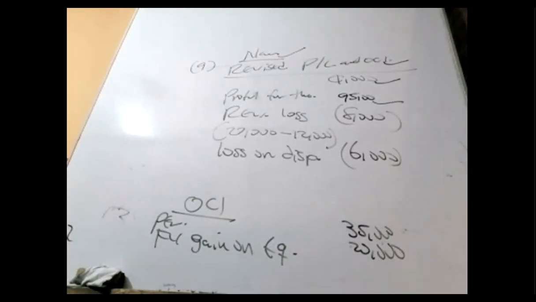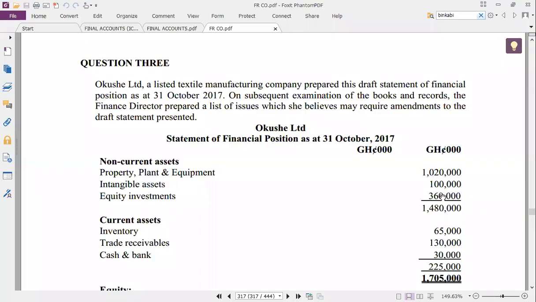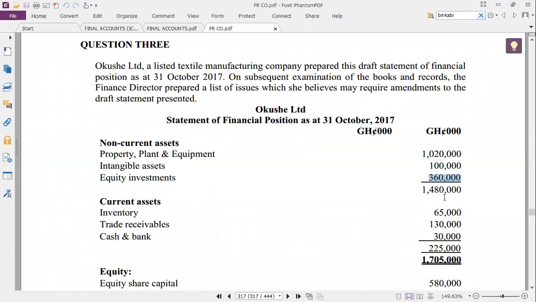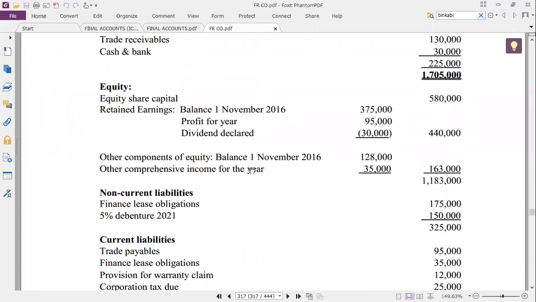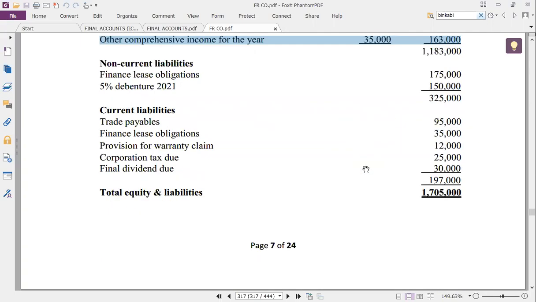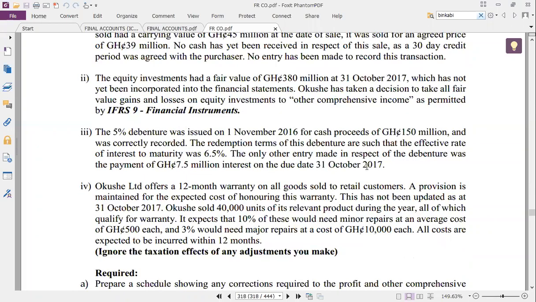Now let's go. So second, come in and change this one to what? 380,000. You are done. It ends there. So that means this OCI that you see here will no longer be 35, it will be 55 if I end here. Perfect one.